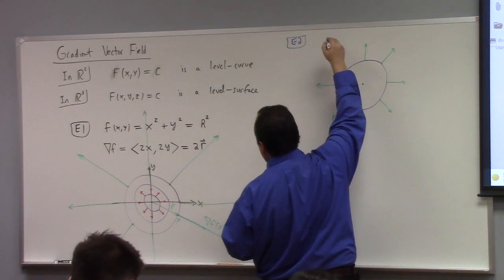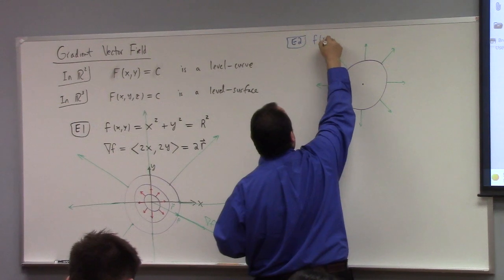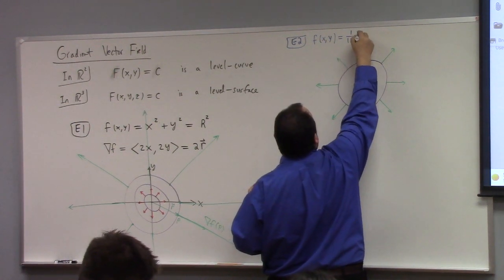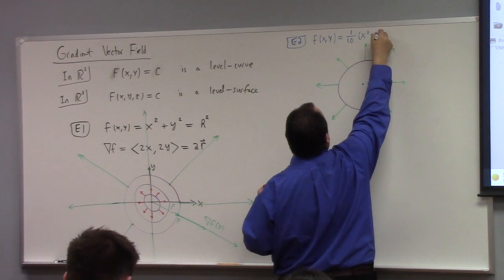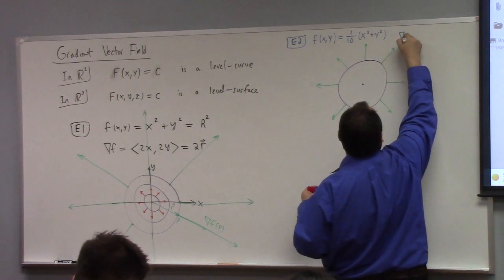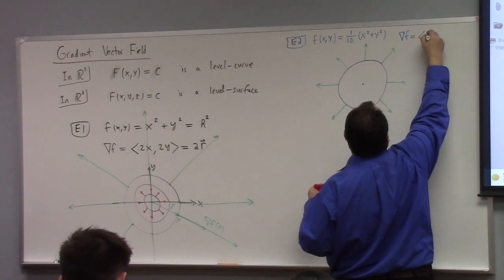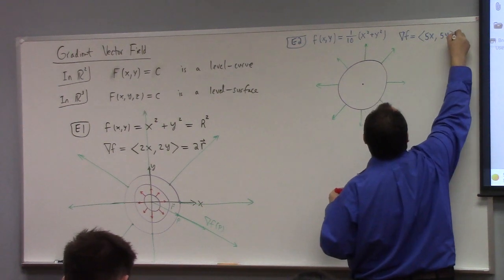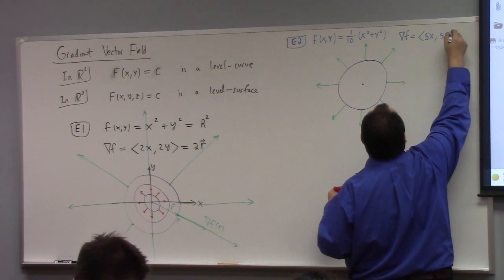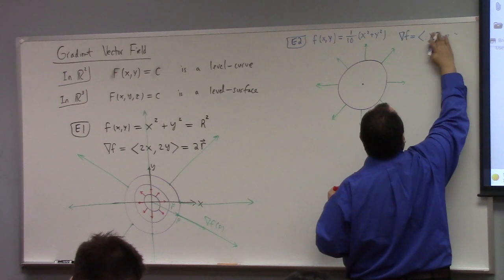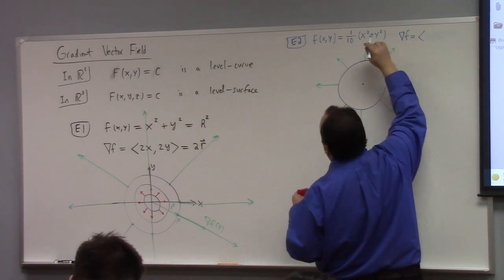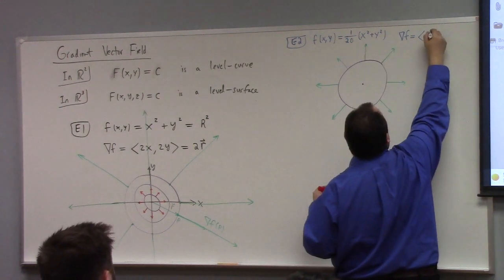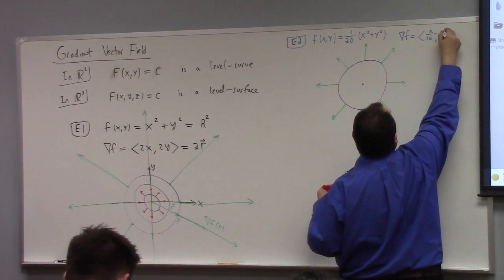What if I did something like f of x, y equals 1/10 (x squared plus y squared)? Then my gradient is, let's see, 5x, 5y. Wait a minute, that made it worse. I can't do math. Let's try that again. Make that a 20. There we go. That's what I want. So then I'm looking at x over 10, y over 10, right?